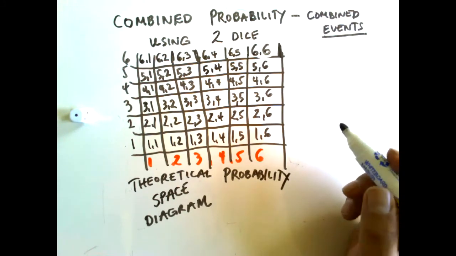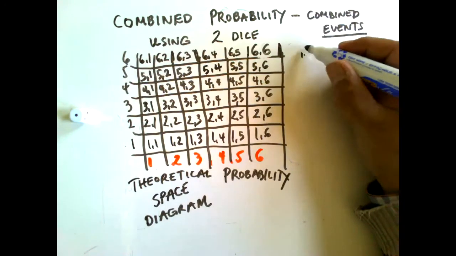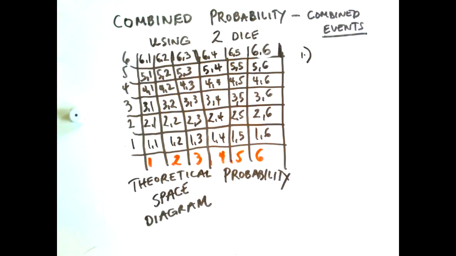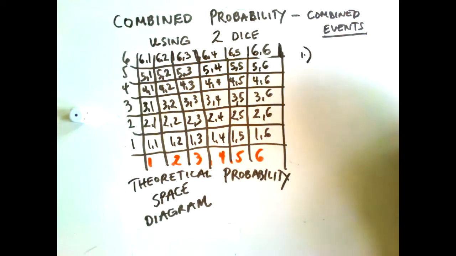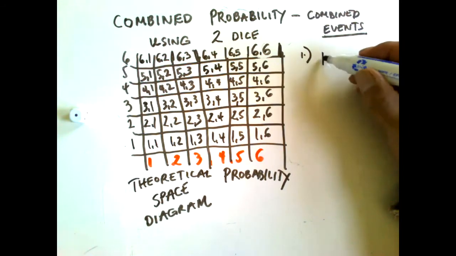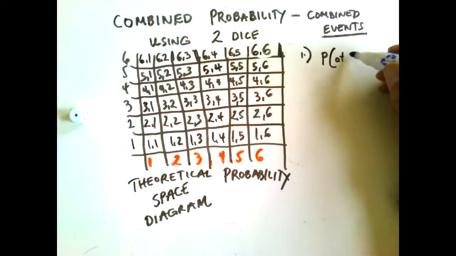And so we could start answering a few questions. We could ask something like, what's the probability that at least a two would appear?